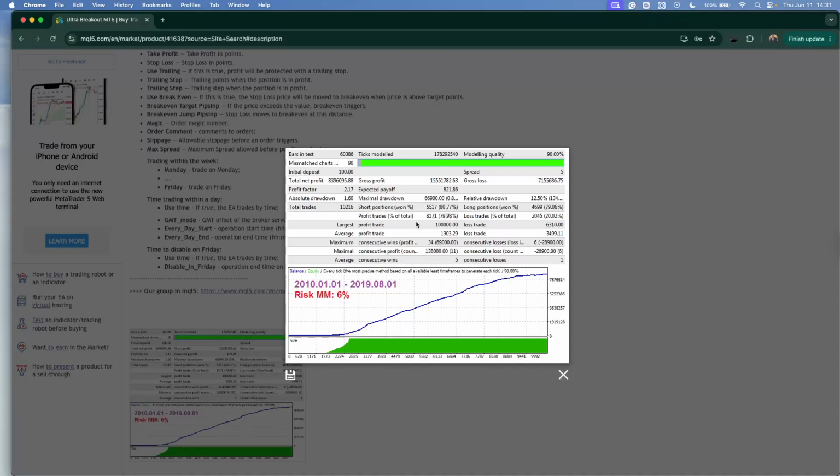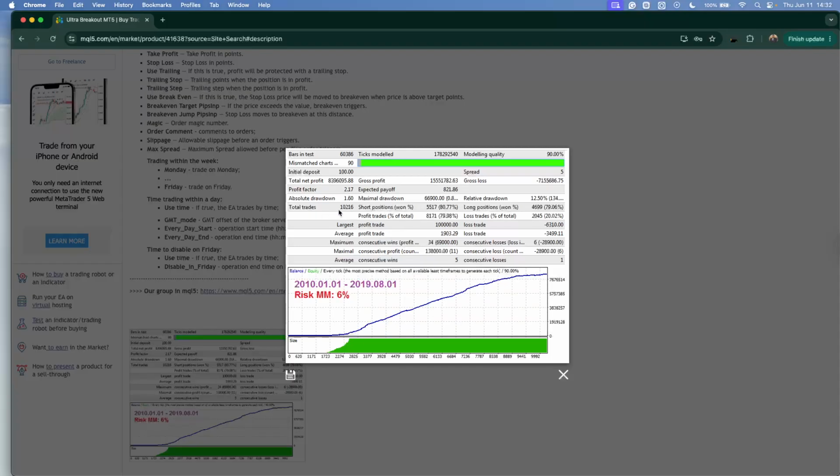We have massive total net profits in the millions, from a $100 initial deposit from 2010 to 2019, which is about 9 years of backtest results, turning $100 into, I think, $8,396,095.